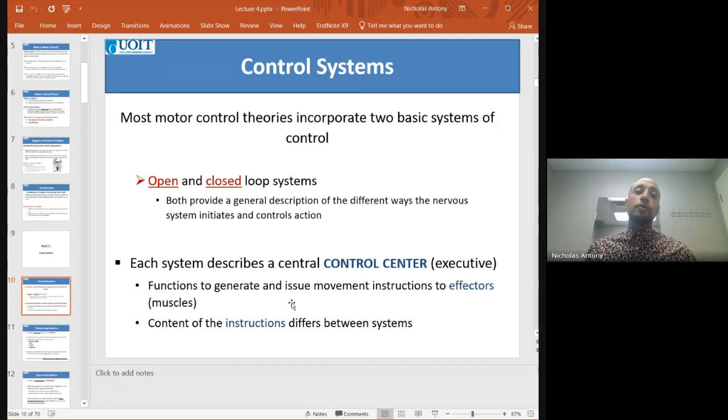And so there was discussion that there are two basic ways that the body or the brain could coordinate movement or create a mechanism to move our bodies. They said that motor control theories would have to incorporate two basic systems of control that we see.